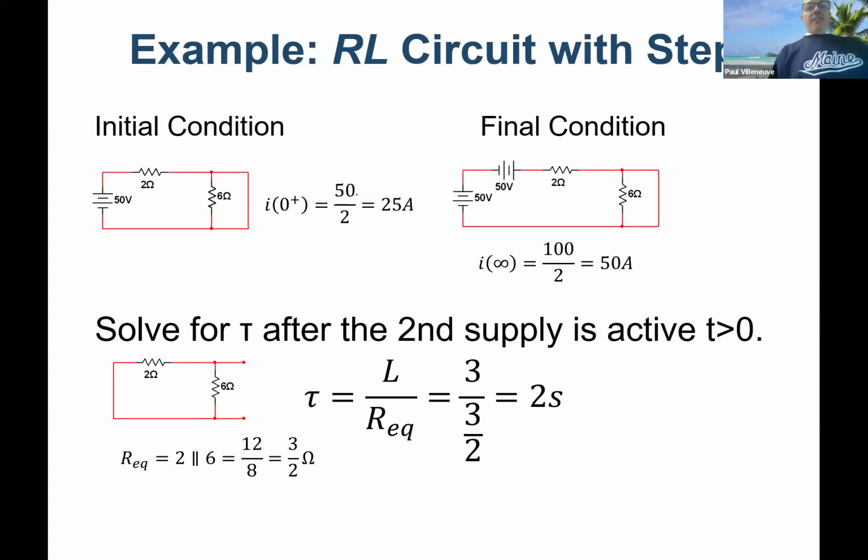Over here, I'm looking out from the perspective of L, and I see a 2 ohm in parallel with a 6 ohm. Product over sum, 12 over 8, or 3/2. Then when I do my time constant, L over R, it becomes 2 seconds.